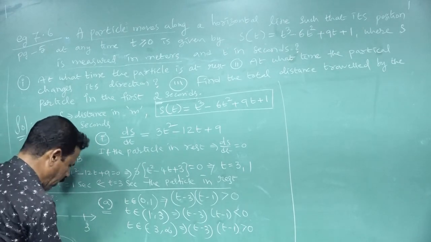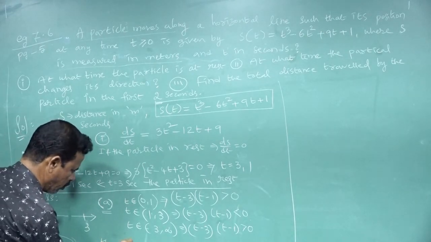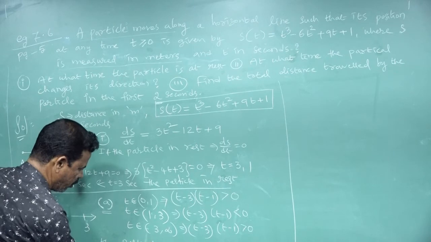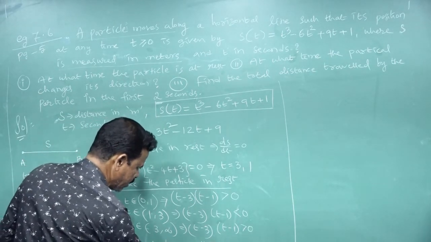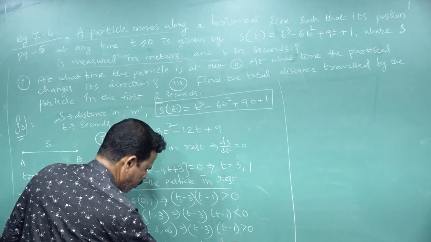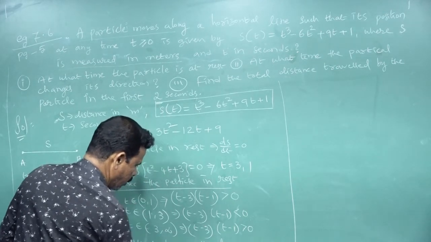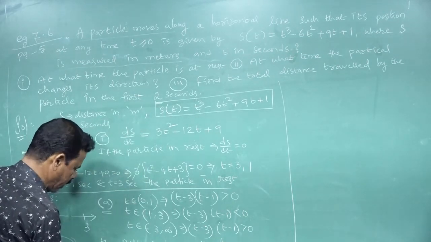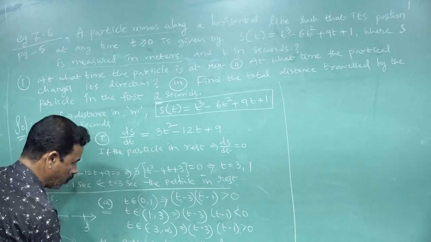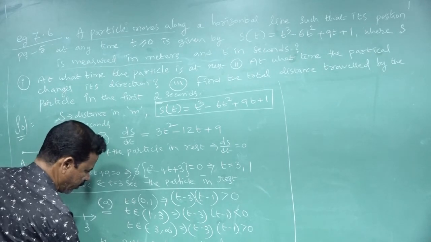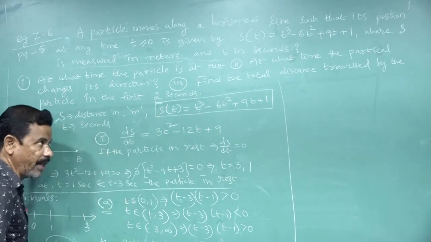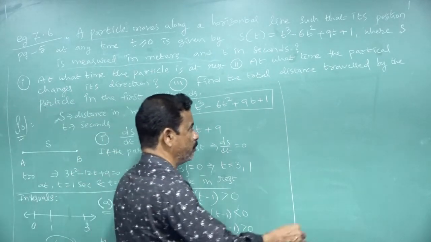So the particle changes its direction at T is equal to 1 and T is equal to 3. Okay, now next.